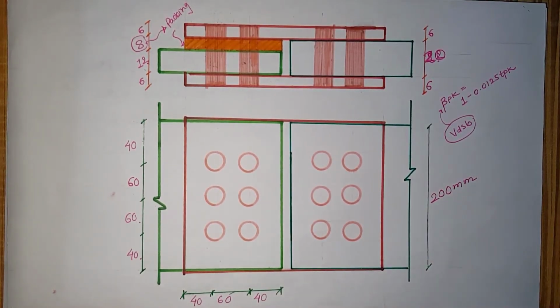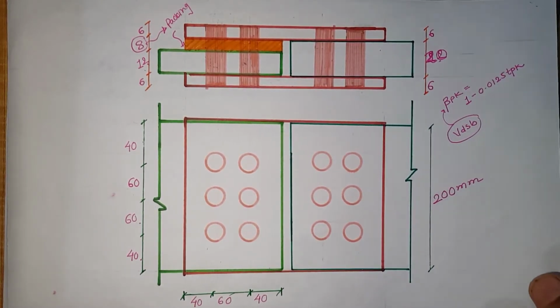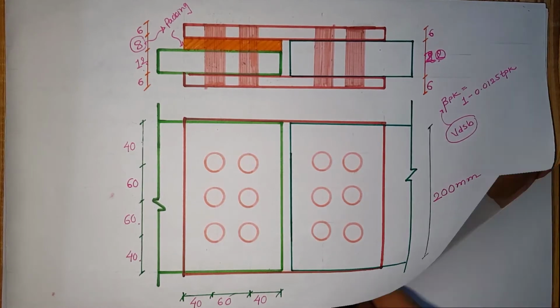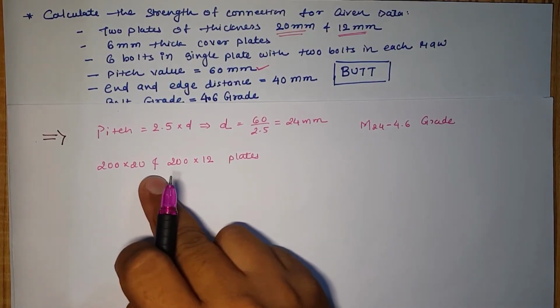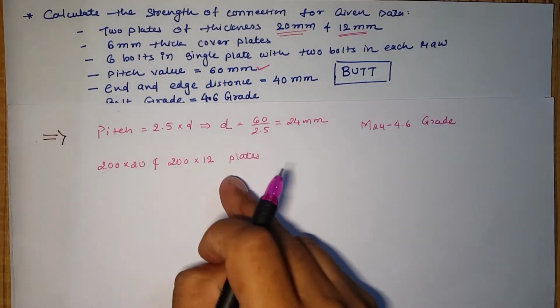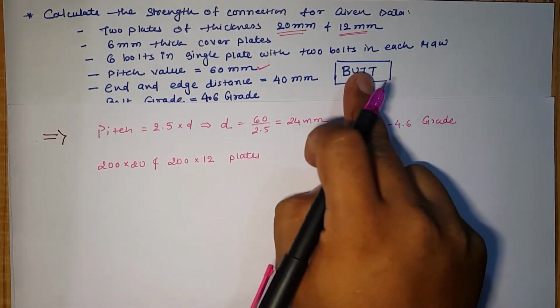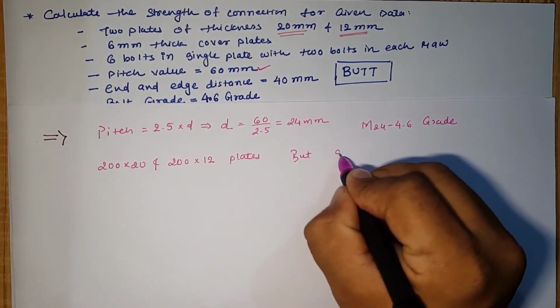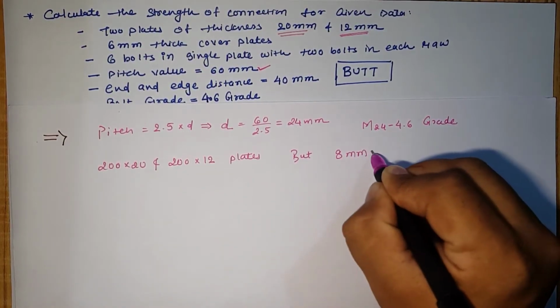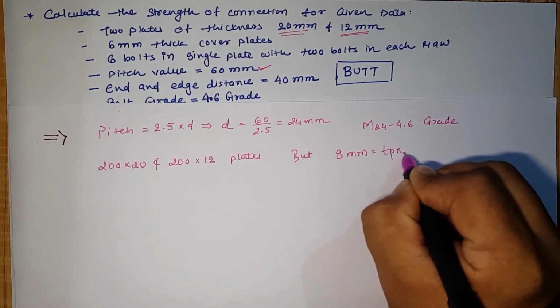So if a dimension is missing and the detailing is given, then we can find out the required dimensions. From the figure we can say that 200 by 20 mm and 200 by 12 mm plates are used to connect the butt connection, but we have to use an 8 mm thick packing plate as TPK.